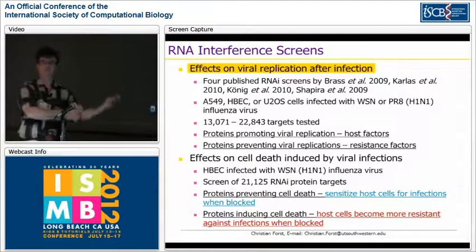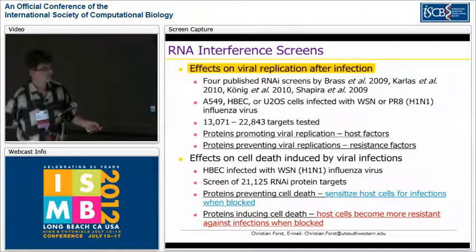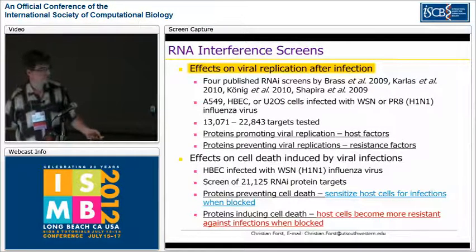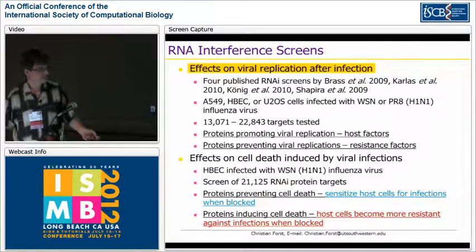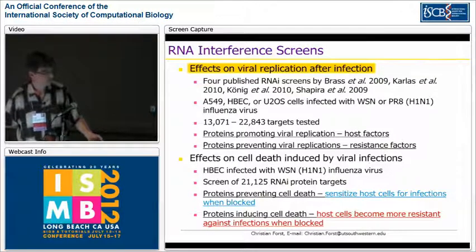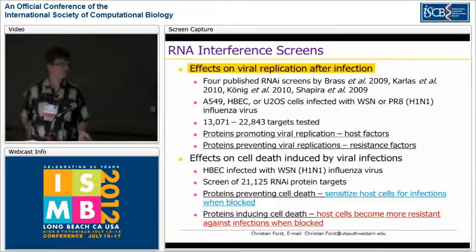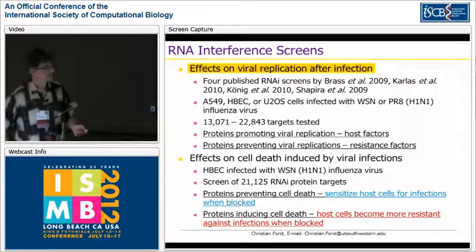And again, we can look at both sides. We look at the proteins that prevent cell death, meaning they sensitize the host cells for infection when they are blocked, and the proteins that induce cell death, where the host cells become more resistant against infection when these targets are blocked.